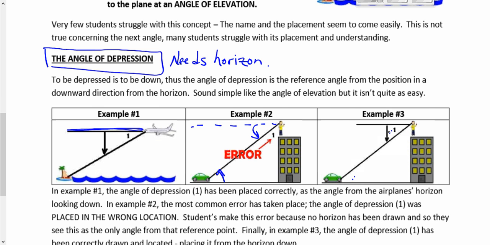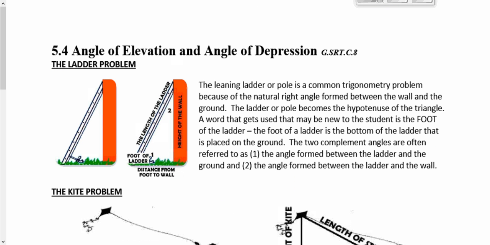And there's some examples that they love on the readings, man, there's tons of them. They always got some kind of ladder leaning against the wall, right? They love ladders leaning against walls. Now, one thing we can always assume, okay? When they give you a word problem and has some kind of structure, like a wall or a tree or a guy standing somewhere or a building, whatever, you can always assume, they won't tell you, but you can always assume that that structure is perpendicular to the ground, okay?